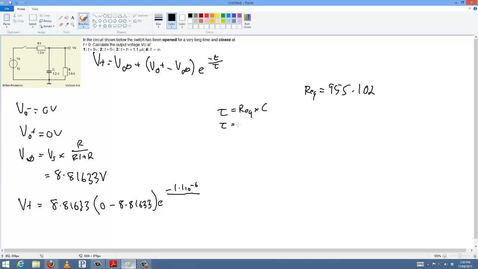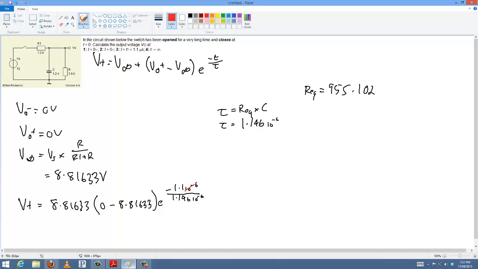Now tau ends up being that times 1.2 e negative 9, which is 1.146 times 10 to negative 6.